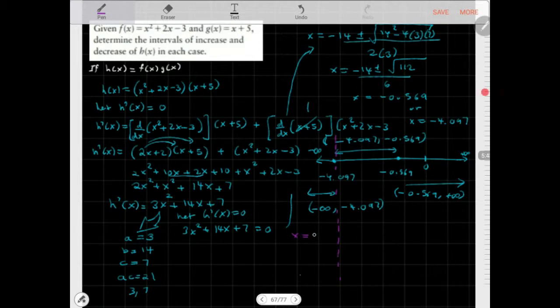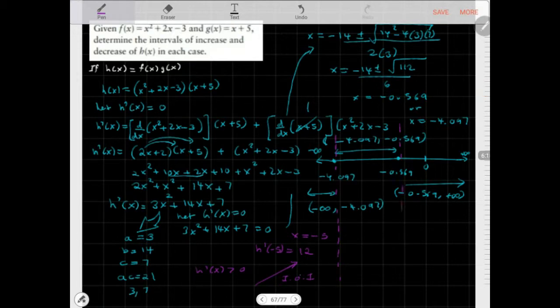Let's do x equal to negative 5 because it falls in this interval. So I'm going to plug negative 5 into h prime, and that's going to give me 12. Because we know that h prime of negative 5 is greater than 0, this is an interval of increase, right? Because h prime of x is greater than 0, it's an interval of increase.